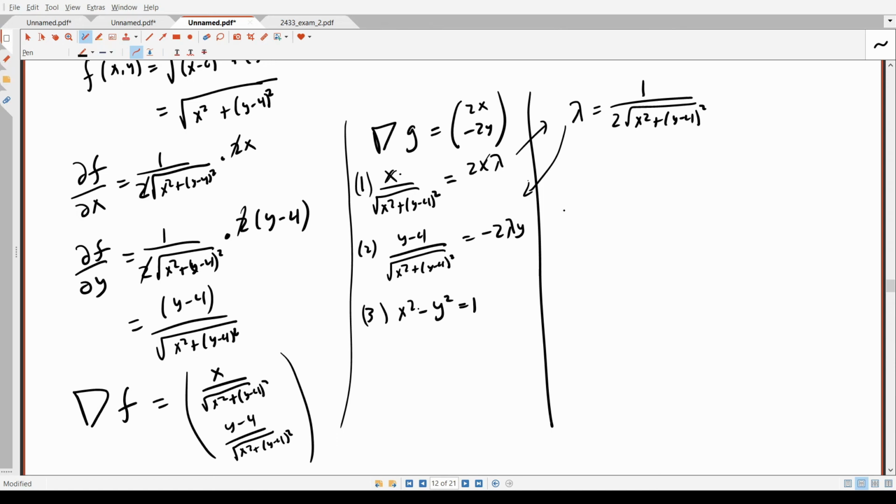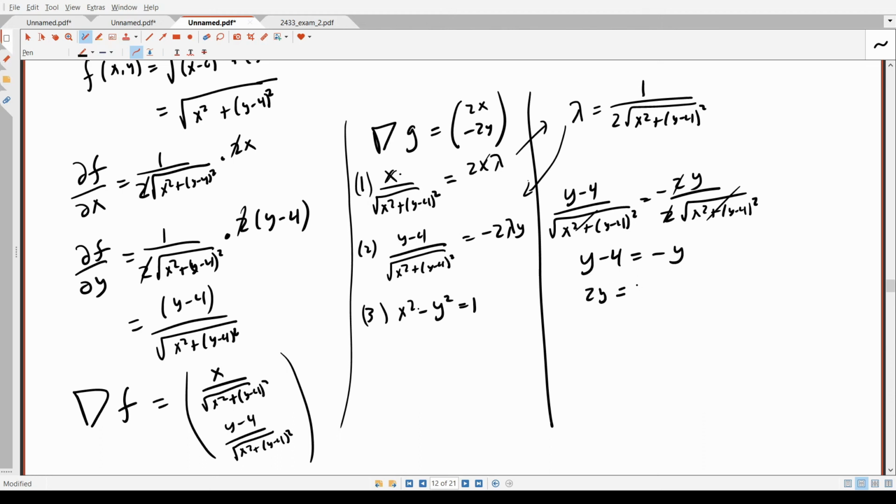So I plug that in here and I get y minus 4 over this thing I have to keep writing every time equals minus 2y over 2 root x squared plus y minus 4 squared. Okay, so the 2's cancel, these cancel on both sides, and I'm left with y minus 4 equals minus y. So if I rearrange this, I have 2y equals 4 and y equals 2.